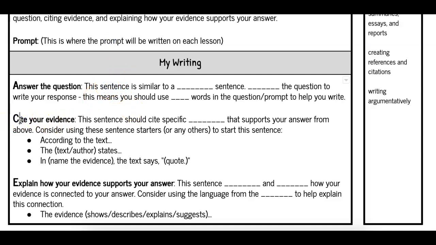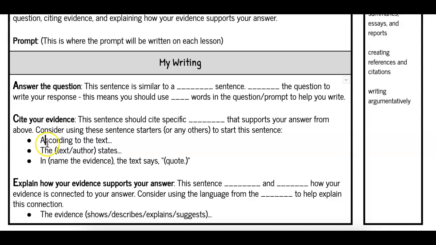The next section is C, cite your evidence. This sentence should cite specific evidence or information that supports your answer from above. So this evidence or this information should directly be related to the answer. You could consider using these sentence starters or any others to start this cite your evidence sentence.